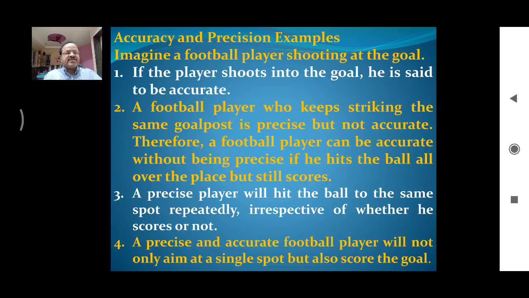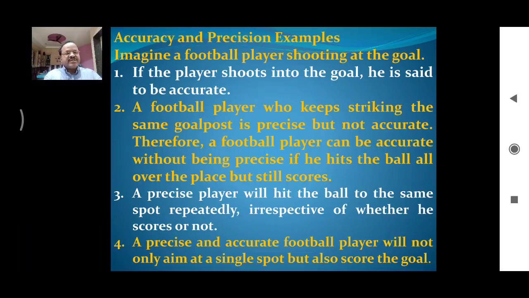Precise in the sense that the area of the goal post is large, but the football player is not shooting the ball at a particular point, therefore he is not accurate. In the first attempt, he shoots the ball in the left corner of the goal post, and in the second attempt he shoots the ball at the right corner of the goal post.